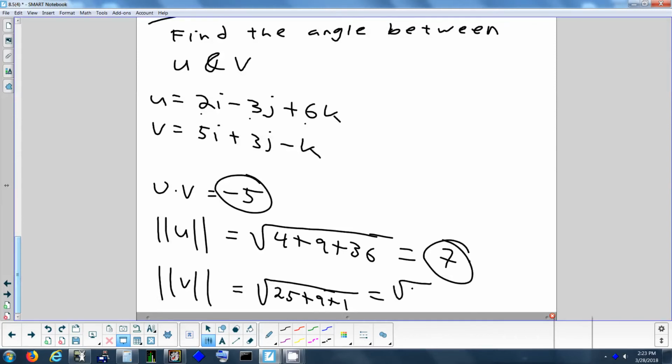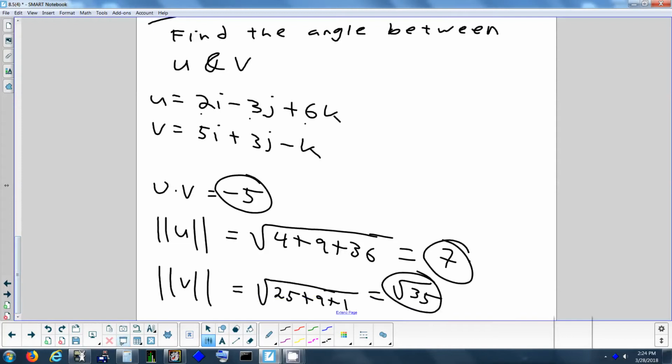So that's the square root of 35. Okay. I can tell you they're not parallel, because I know the square root of 35 is about 6, and 6 times 7 is roughly 42. That's not even close to negative 5, so the top and bottom aren't going to come out the same. So let's see what they come out to.